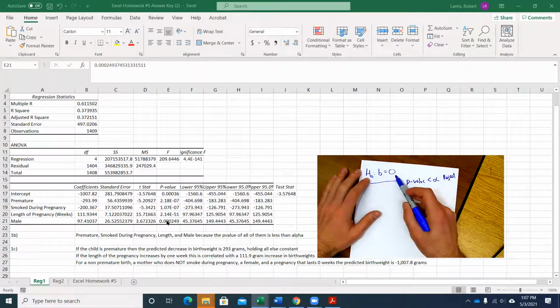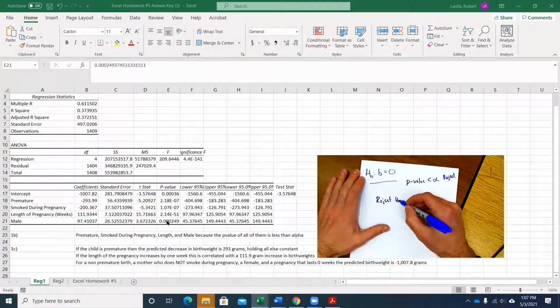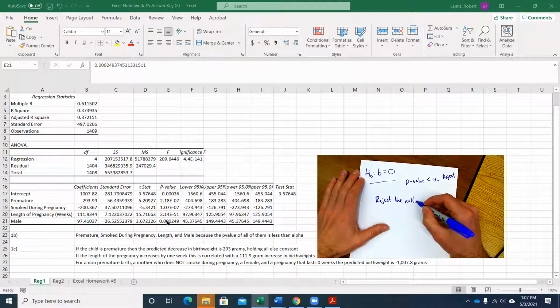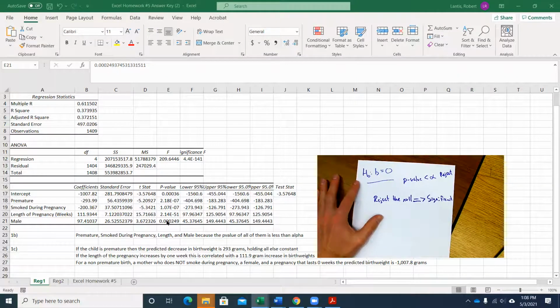So I can reject the null, and rejecting the null for these slope coefficients is another way of saying I found that there's a significant relationship, at least at that level, right? The 1, 5, or 10% level.